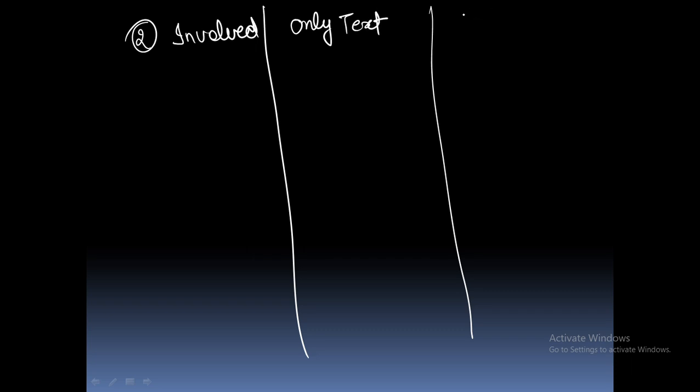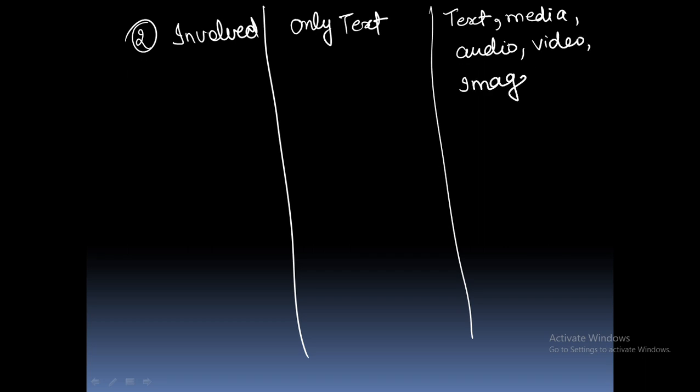But in hyperlink, we will link with text to text, with any other media, audio, video, images, and any type of graphics. We can create hyperlinks in between all these medias. But in hypertext, we will create hypertext only with the text.